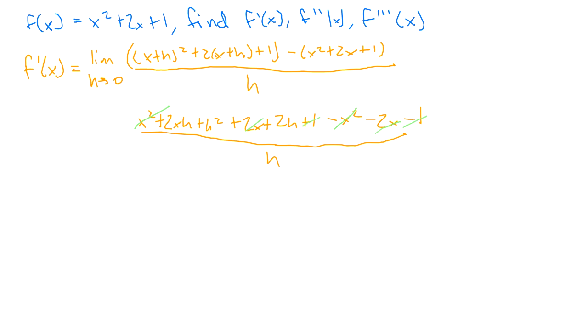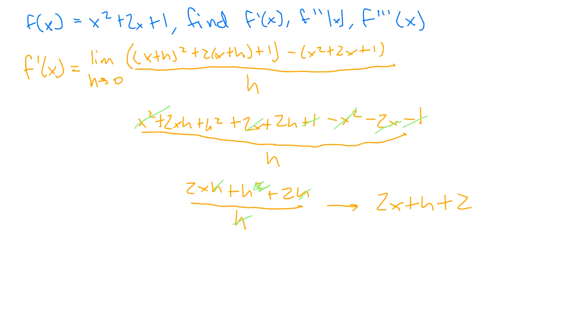Now we are left with 2xh plus h squared plus 2h all over h. We have a common h, so let's get rid of that. This brings us to 2x plus h plus 2.